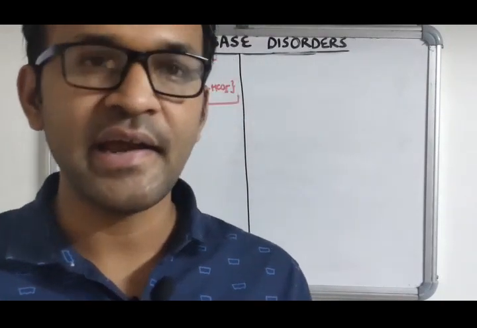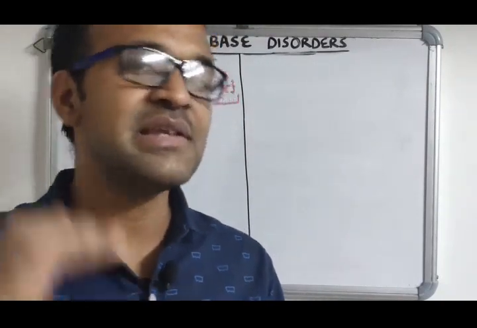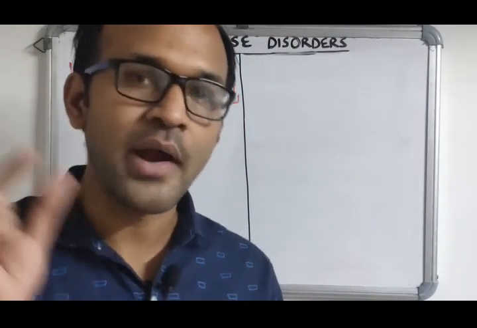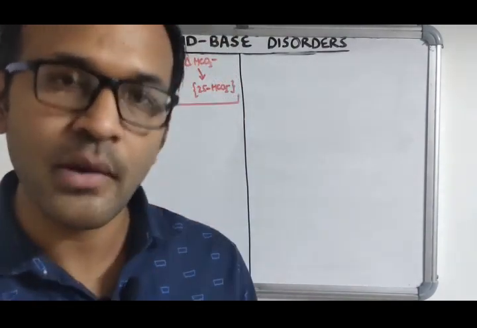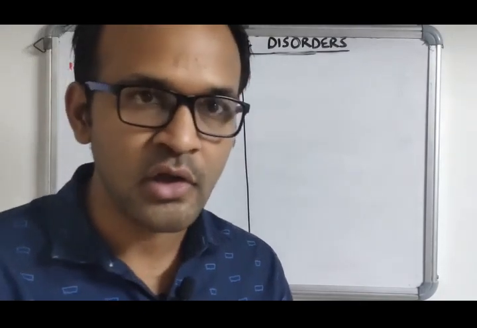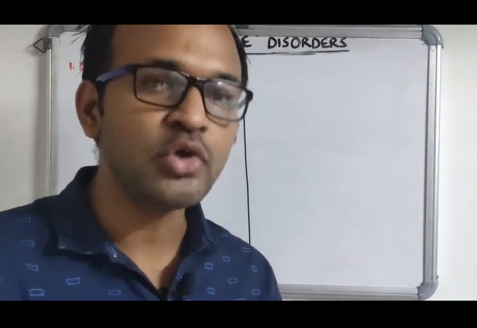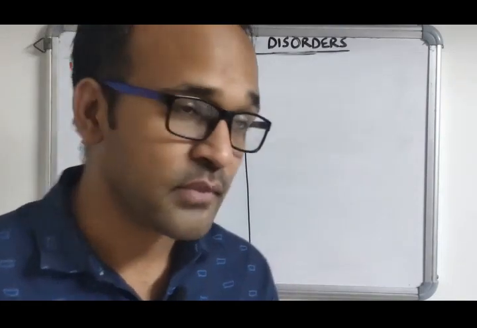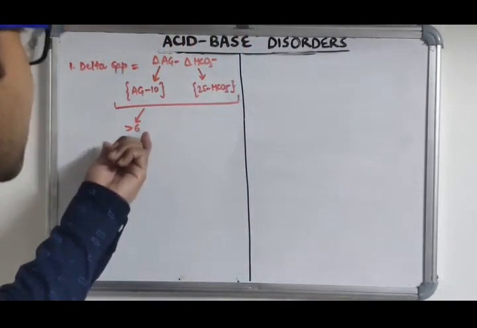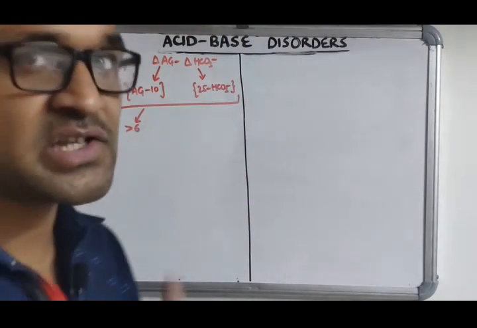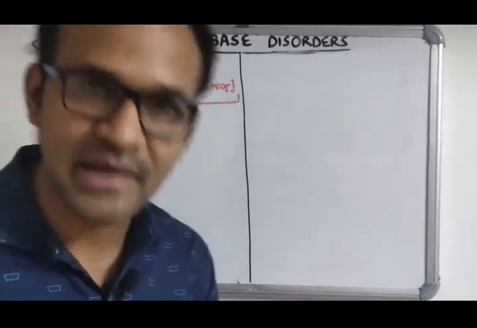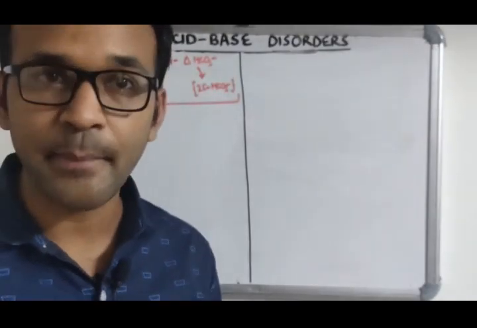So usually in high anion gap metabolic acidosis, the rise in anion gap is equal to the fall in bicarbonate, because one molecule of acid combines with one molecule of bicarbonate. Okay, so bicarbonate is expected to fall at the same rate as the anion gap rises. But what if it is more than 6? If the delta gap is more than 6, that suggests that the rise in anion gap is more than the fall in bicarbonate.